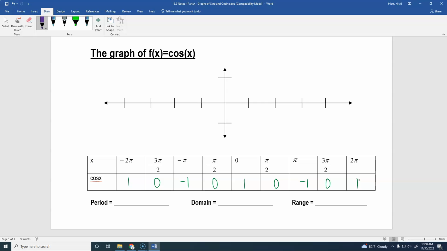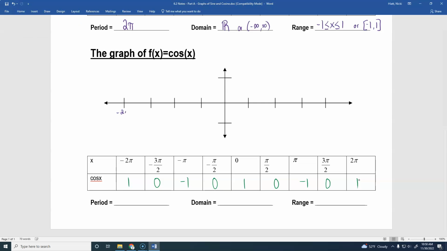We're going to label our x-axis the same as we did for the other.